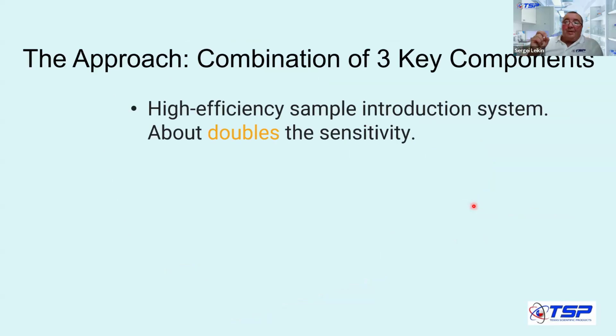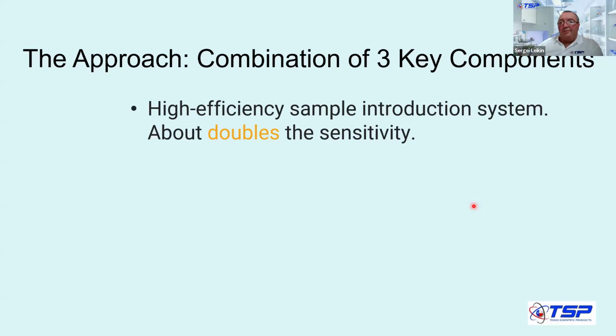So what was the approach? It's a combination of three components. We're talking about analysis of cannabis for the big four: arsenic, cadmium, mercury, and lead. Typically it's done by ICP-MS, but can be done by ICP emission. Here was the approach.